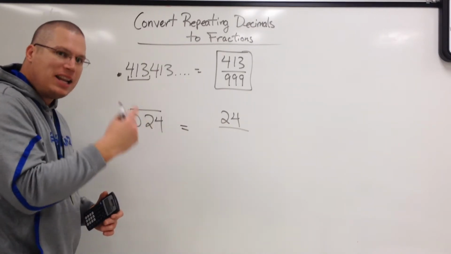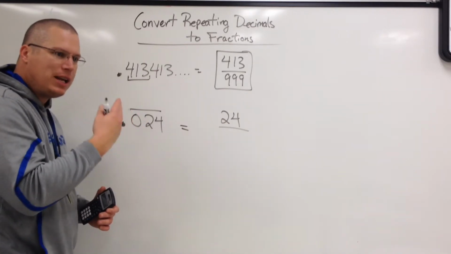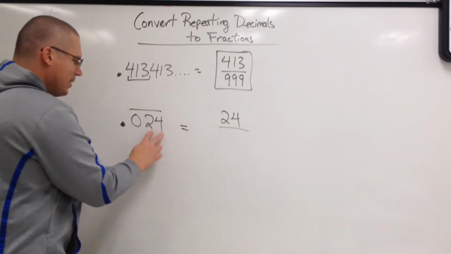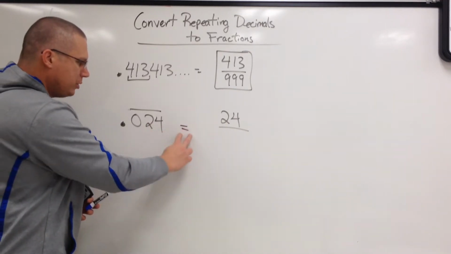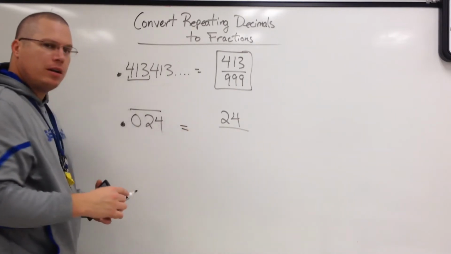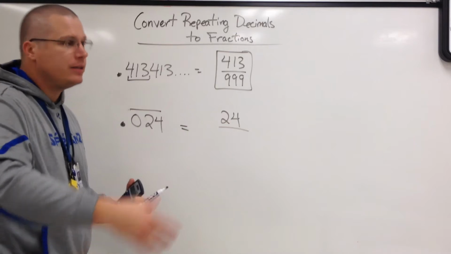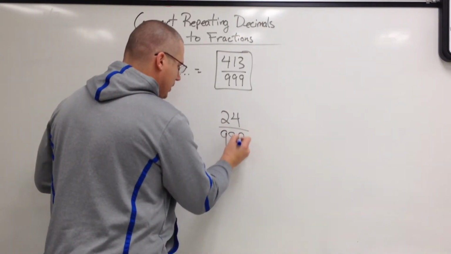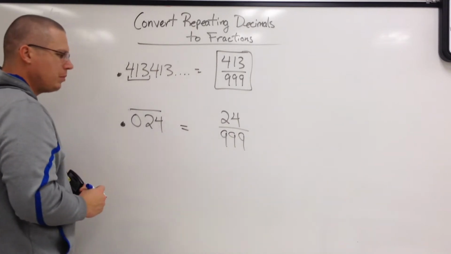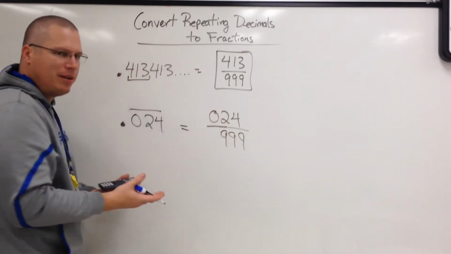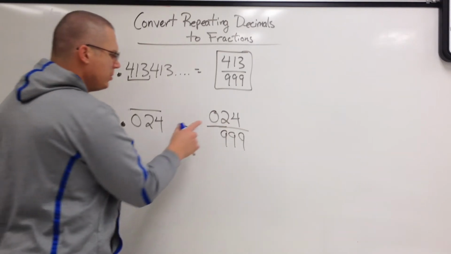I need a 9 in the denominator for every digit that is in the repeating pattern. This is not just 2, 4, 2, 4, 2, 4. It's 0, 2, 4, 0, 2, 4, 0, 2, 4. So how many 9s do I need? I need 3. 9, 9, 9. I mean, you could write it like this, 024 over 999, but it looks weird because we don't put zeros in front.